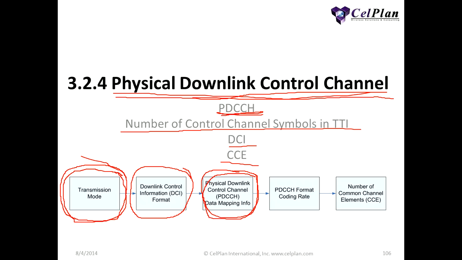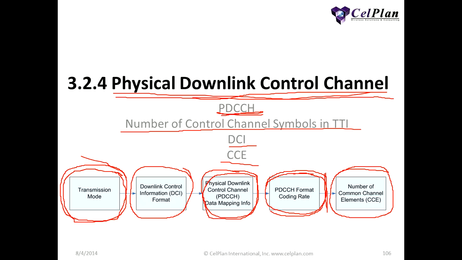So the way to protect this channel, this information, is to have a special format coding rate for it. Once this is defined, we can define how many control channel elements we can put in the PDCCH in the control area.